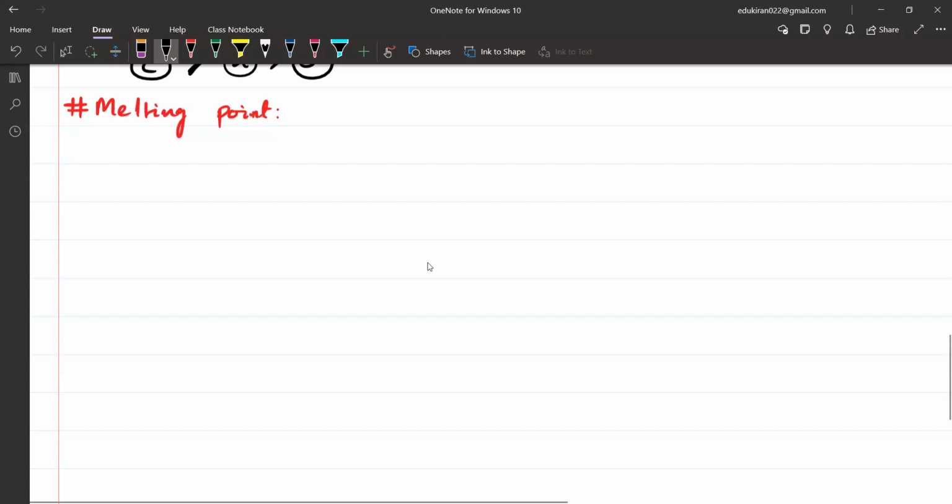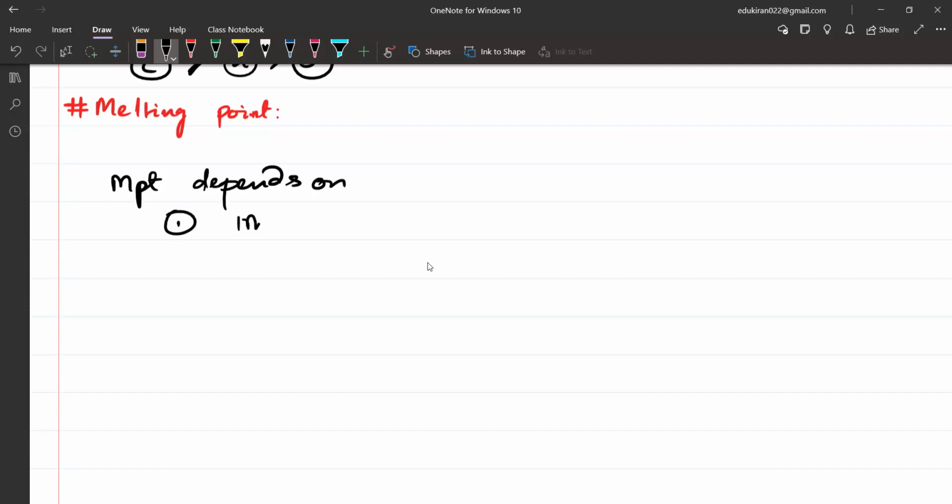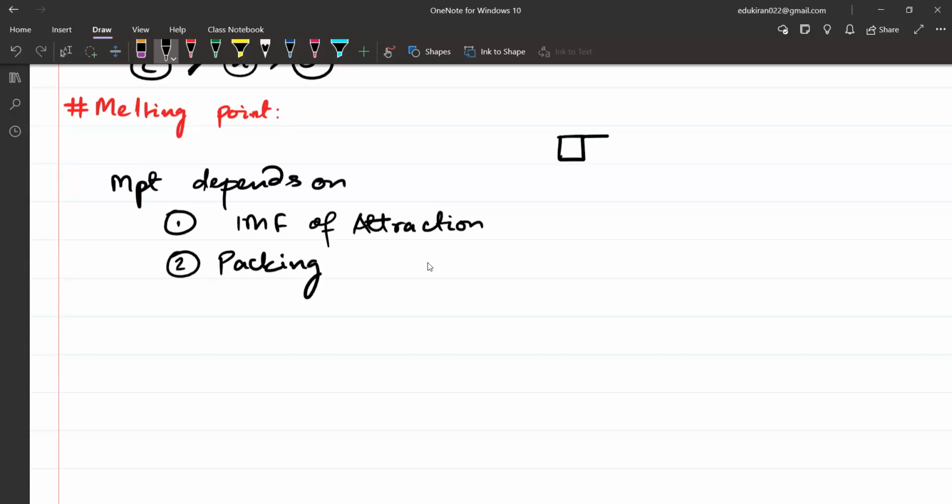So please write, melting point depends on, number one, intermolecular forces of attraction, and second, packing. For example, if you have particles shaped like boxes, they will fit very tightly together, right?